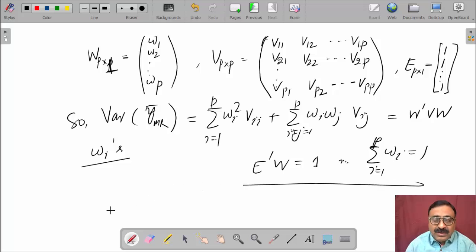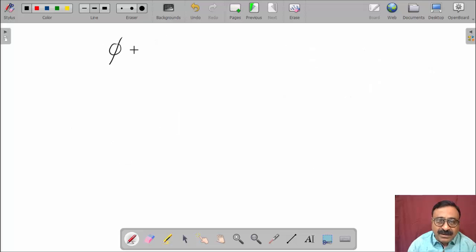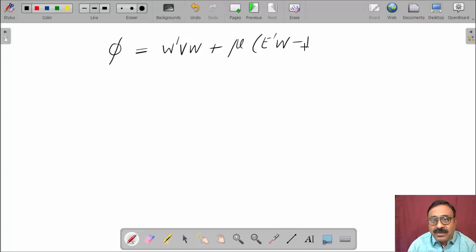So now let us define a function phi that is equal to w dash V w plus mu into E dash w minus 1, where mu is the unknown Lagrange's multiplier whose value is to be determined.